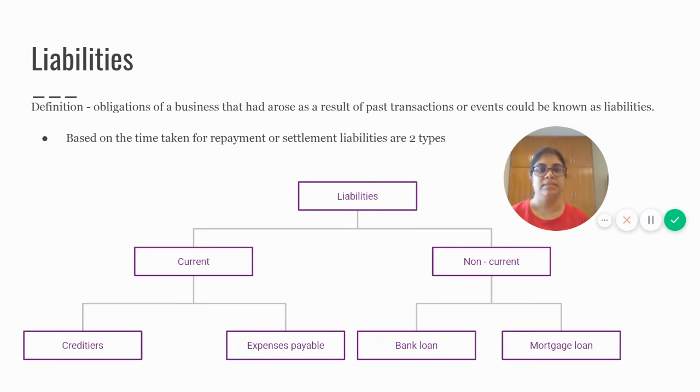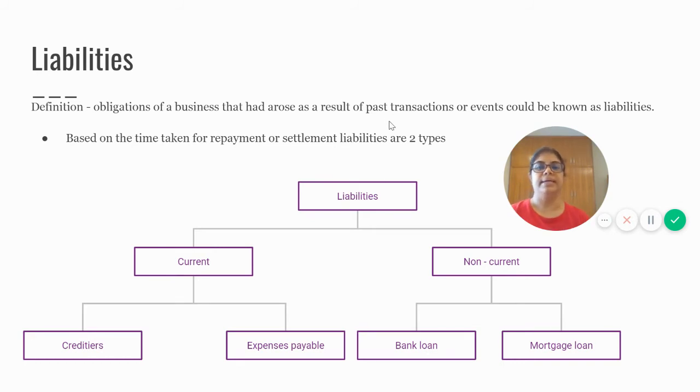So at the exam, you can be tested again for 1 mark by asking you to mention the 3 features or 2 features of liabilities. So then you must know these are the obligations of a business which arose as a result of a past transaction and which will generate future economic outflows to the business.